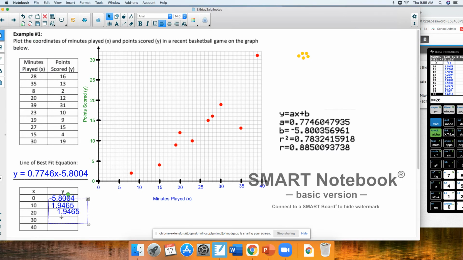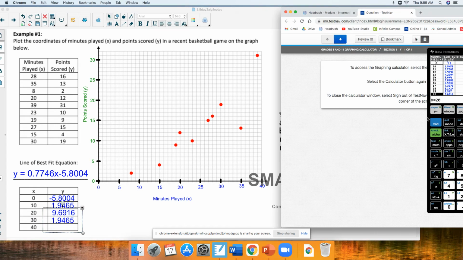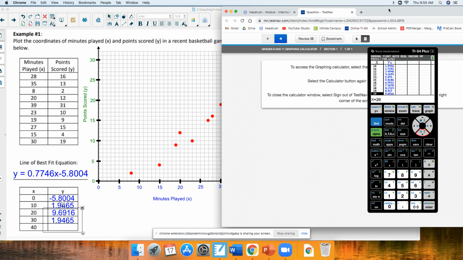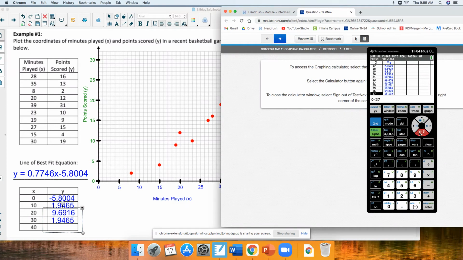Moving on, number 20. So after 20 minutes of play, we're hoping that 9.6916 points have been scored. All right, and then we can do 30 and 40 as well. Oops, went a little past, and now one more tick.